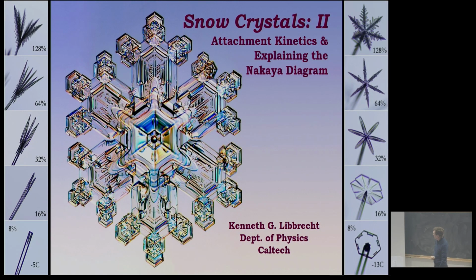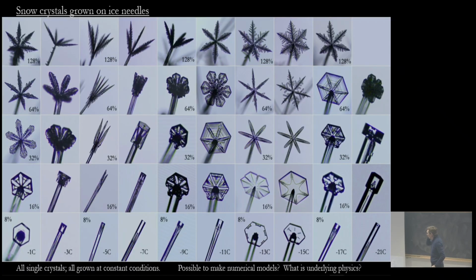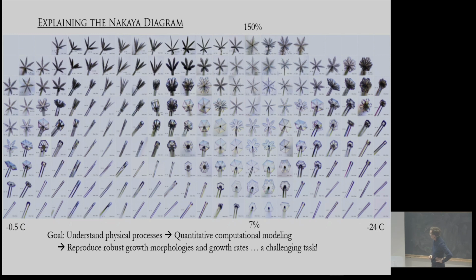So last time we talked about the growth of snow crystals in air and looked at this matrix of different shapes. What I didn't tell you the other day was that this is a starter matrix. We've got a new matrix, so you can really see things in even more detail, going from minus half a degree to minus 24, in sort of a logarithmic progression.